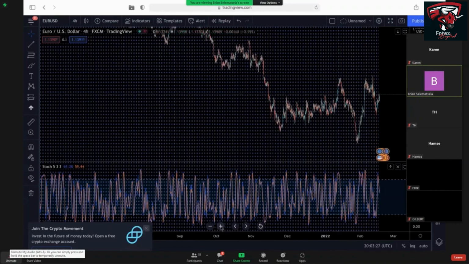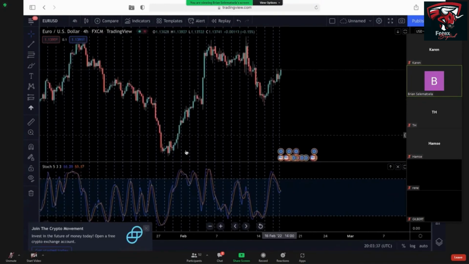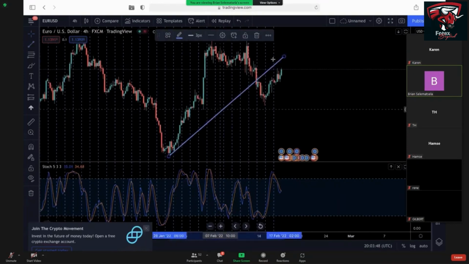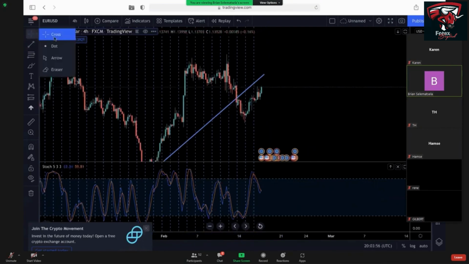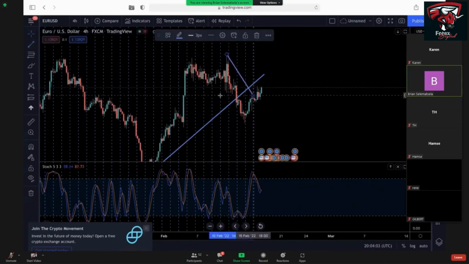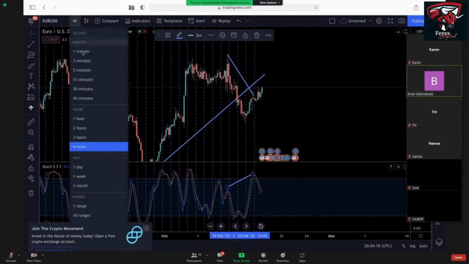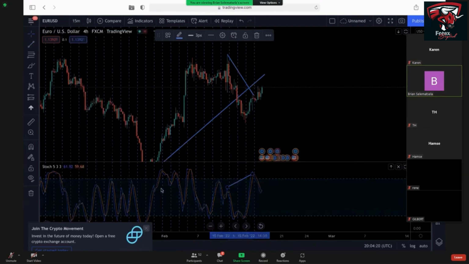Let me zoom in. So we find ourselves in a position where even the footprint line has gone to a point where it is broken. And on 4 hour, there was simply a divergence that happened there. Now let's go into the more detailed form.